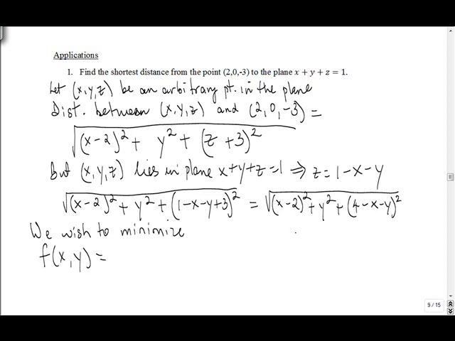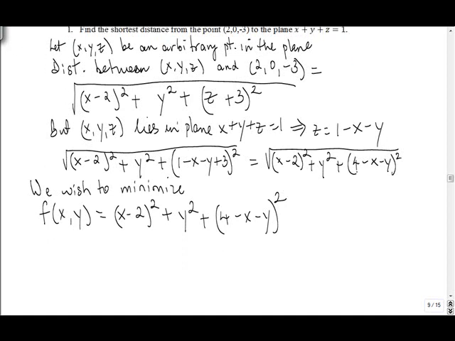So remove the square root. So minimize, that's a trick, x minus 2 all squared plus y squared plus 4 minus x minus y squared. Now this I wouldn't mind finding the partials for. It still looks a little strange, but it's better than the square root thing, okay?